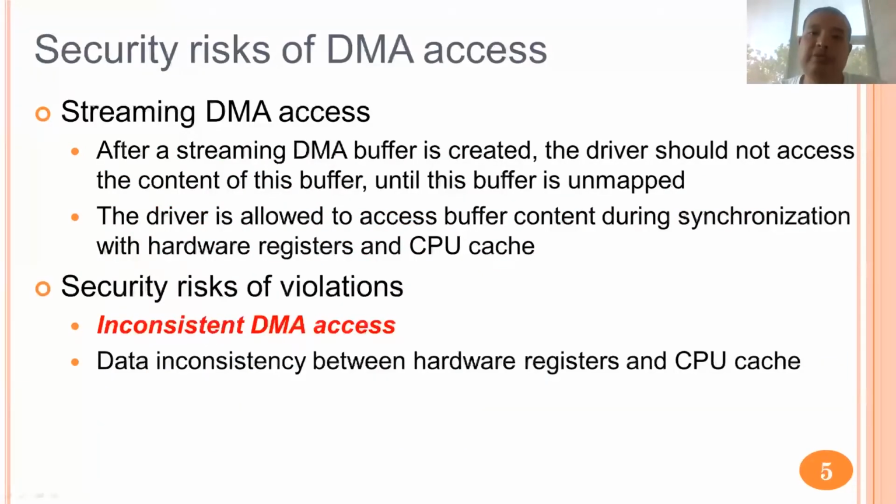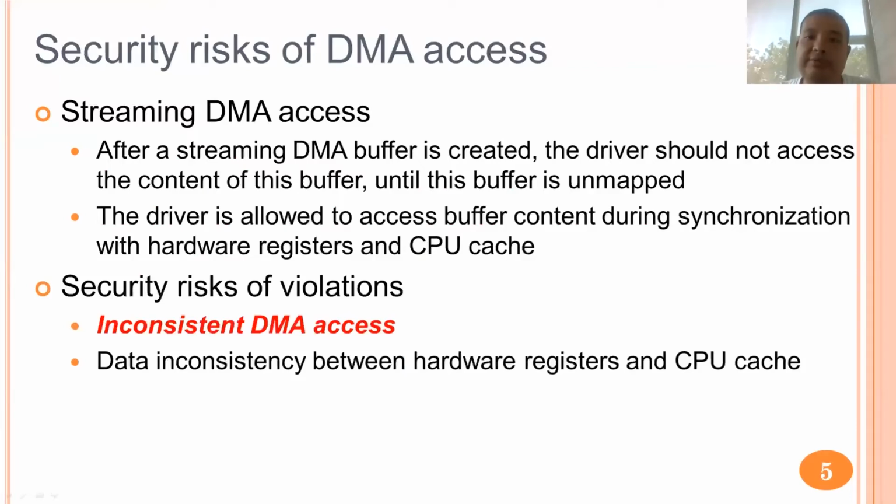Both streaming DMA access and concurrent DMA access can have security risks. For streaming DMA access, due to no automated synchronization, the driver should not access the content of the DMA buffer until this buffer is mapped.